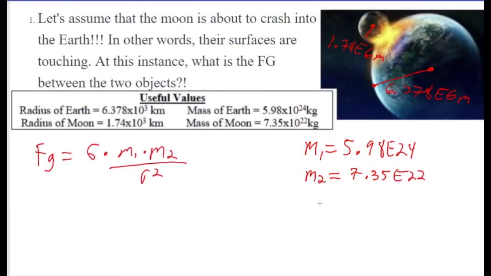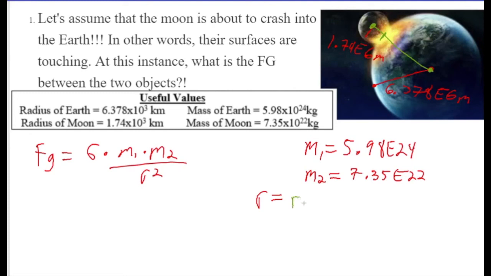And then if we look at the R value here, this is where things get interesting. So R, if we remember, is the distance from one center to the other. So the center of the moon is here and the center of the Earth is here. So we need this distance. Well, if you look really closely, that's the radius of the moon plus the radius of the Earth.